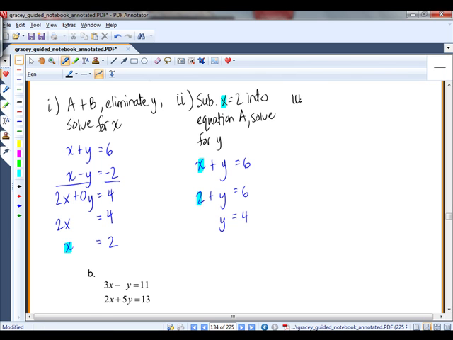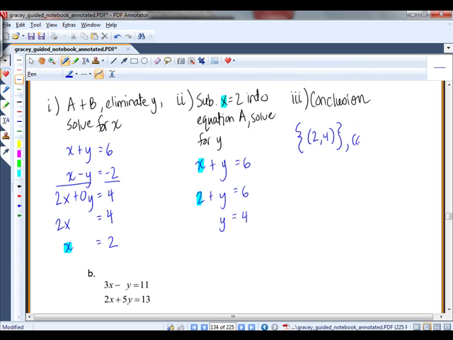So let's go into our conclusion here. Conclusion. We got, oops, consistent in my colors. So we got the ordered pair 2, 4. We got an answer that was not the empty set.